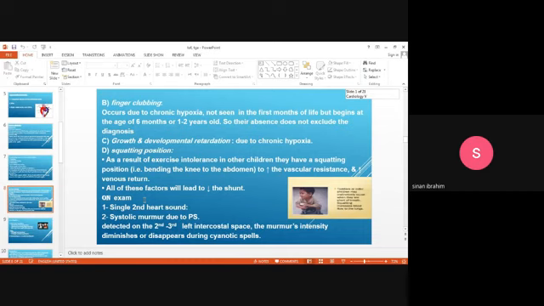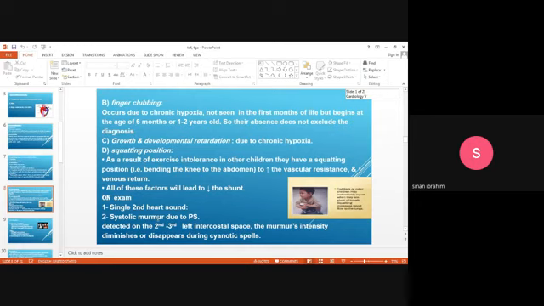What are the examination findings? On examination, what will we see? We will see a single second heart sound, usually due to severe stenosis, and usually we hear a systolic murmur due to pulmonary stenosis. We usually hear it in the second or third left intercostal space, the position of the pulmonary valve.